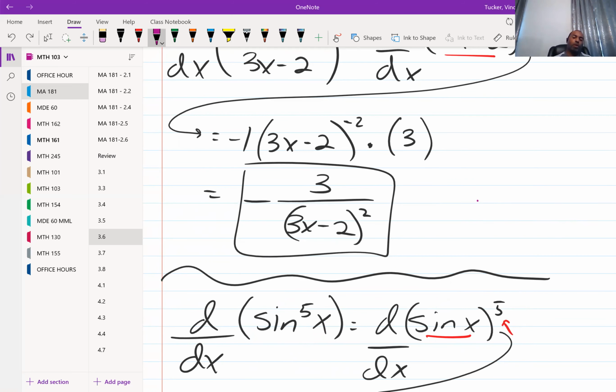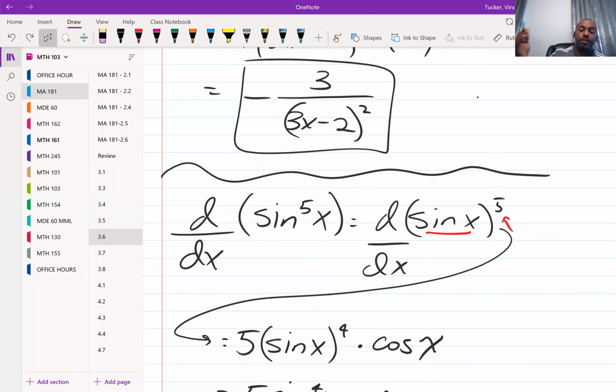So we recognize what we have here. Once again, we have an inside function, which is sine x, and an outside function, which is the fifth power. So for the outside, bring the 5 down, subtract 1 from the 5 to get 4. So that's the derivative of the outside. Derivative of the inside: the derivative of sine is just cosine.